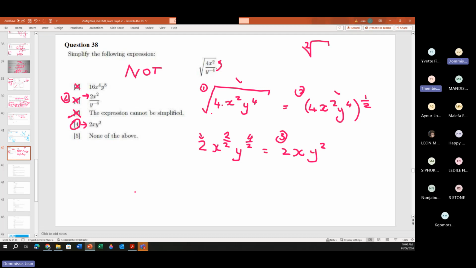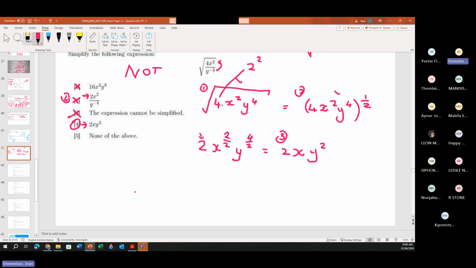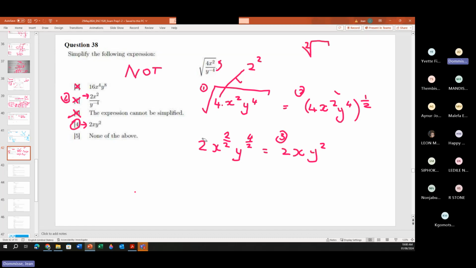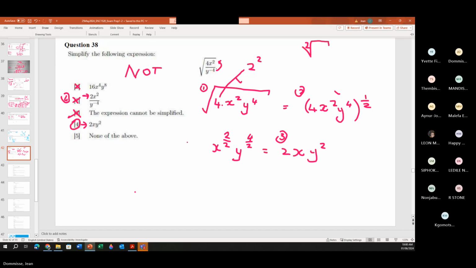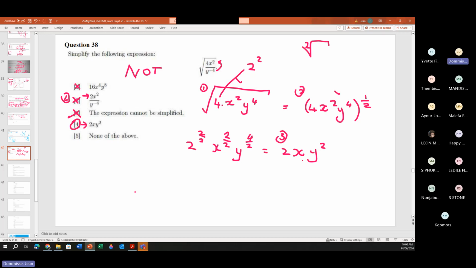The square root of 4 would have been 2 to the power of 2. Let me quickly show, that is exactly the same. So 2 to the power of 2 over 2 it would have been.